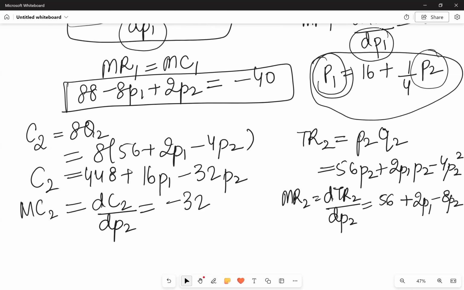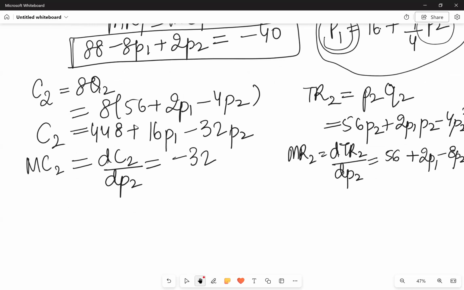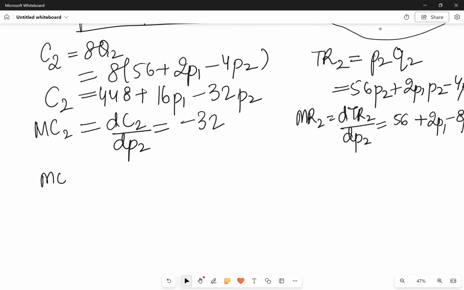Okay, so equating MC2 with MR2, we'll ultimately solve it to get P2 is equal to 11 plus 1 by 4 P1.